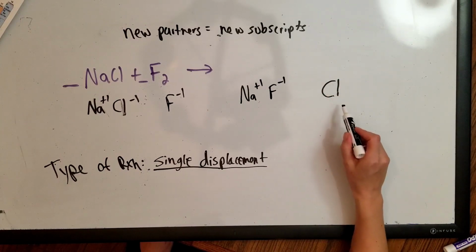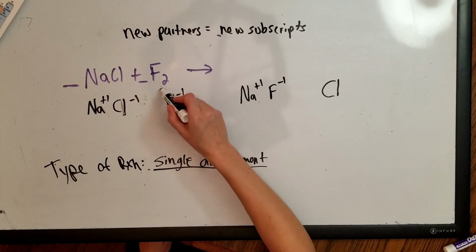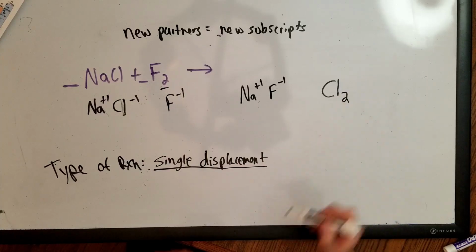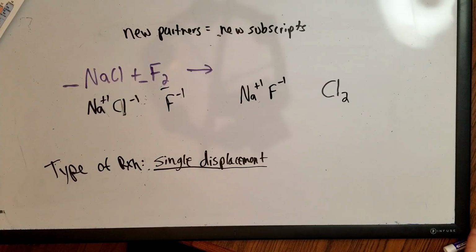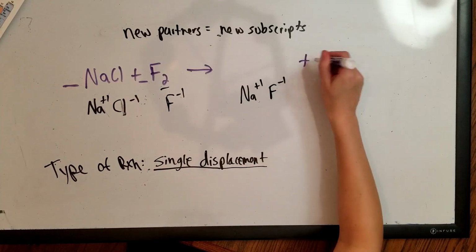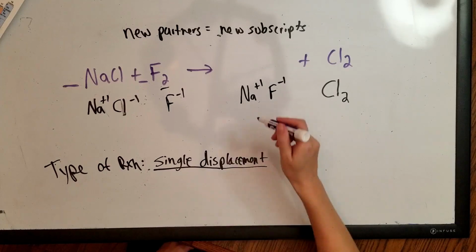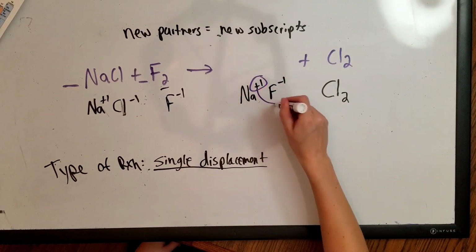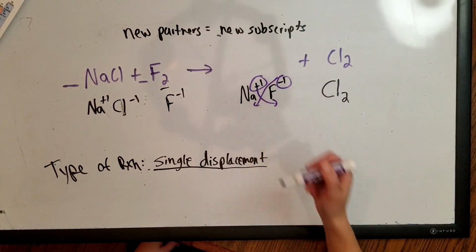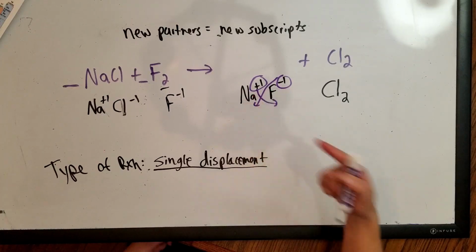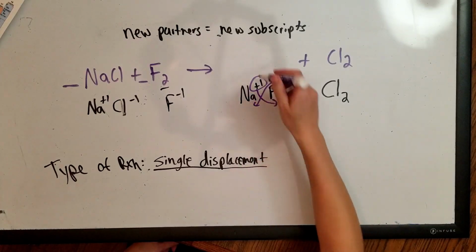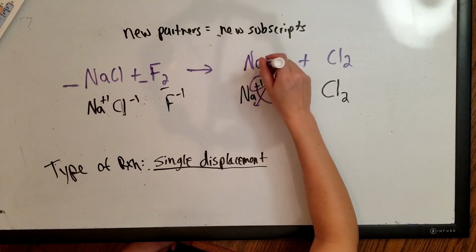And when chlorine's by itself, just like fluorine, it's going to form a diatomic. So one of my products, Cl2. Now what is my other product going to be? Remember our crisscross method? 1 and 1. Or you might have noticed charges cancel, so it's already balanced. So NaF.